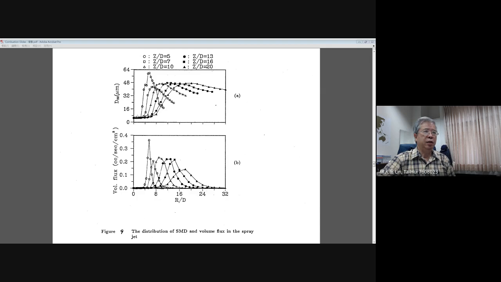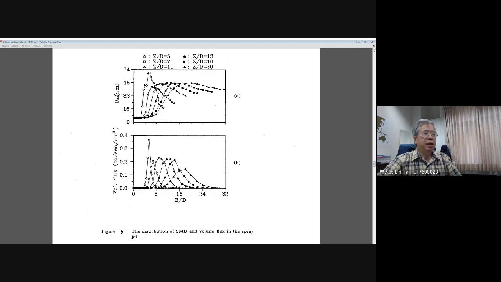Okay, here is the distribution. For Z divided by D equal to 5, the spherical symbol represents that the thickness of your spray region is thin, and it has a larger droplet size.